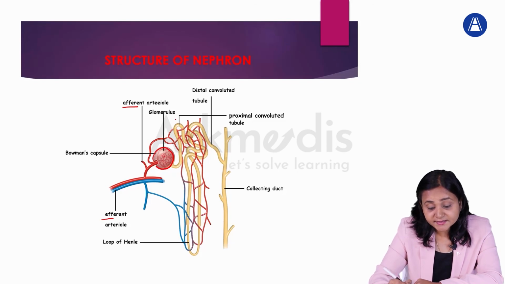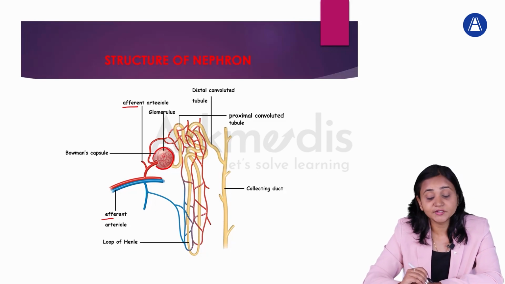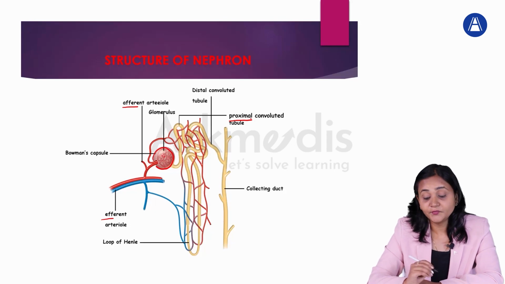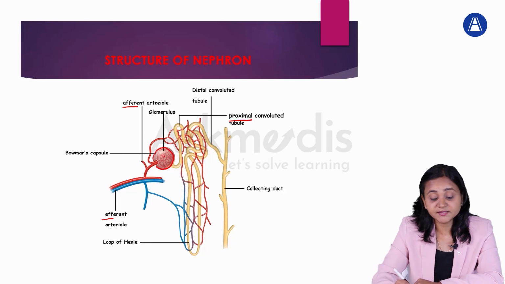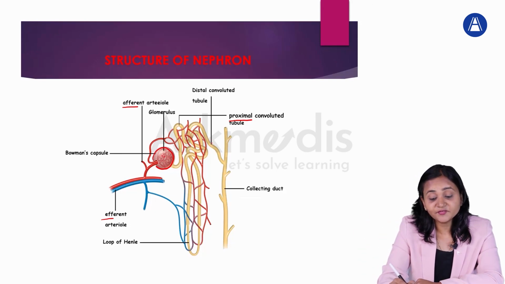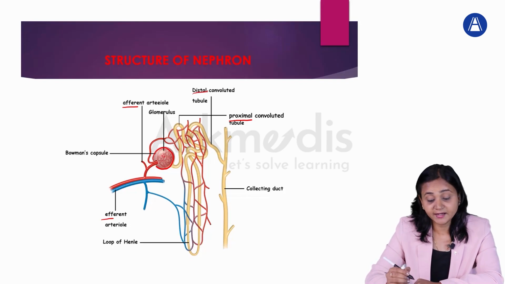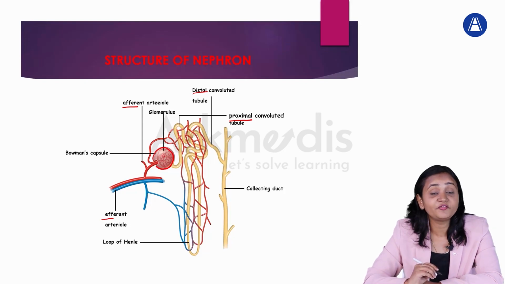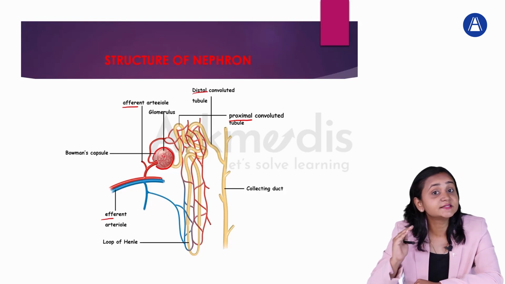Now, you can see there is a network of tubes. The tube that is near the Bowman's capsule is called the proximal convoluted tubule, while the tube that is a bit far away from this is called distal, meaning far. So, this far away tube is called the distal convoluted tubule. Again, we have this loop called the loop of Henle. It has 2 limbs, the descending limb and the ascending limb.